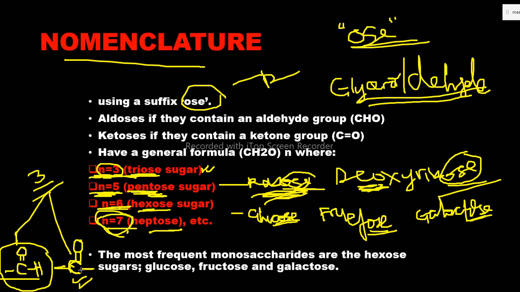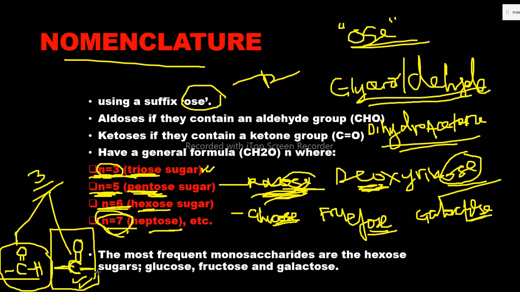Now, if you have a keto group, then you are, for example, dihydroxyacetone. It is di, it has two OH groups. So dihydroxyacetone is the same glycerol, but it has this group. The second carbon atom has this keto group, and then the rest are hydroxyl groups.